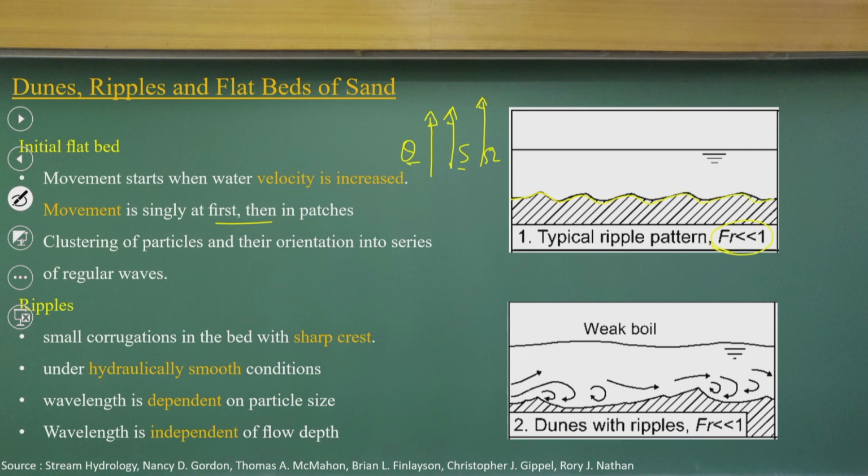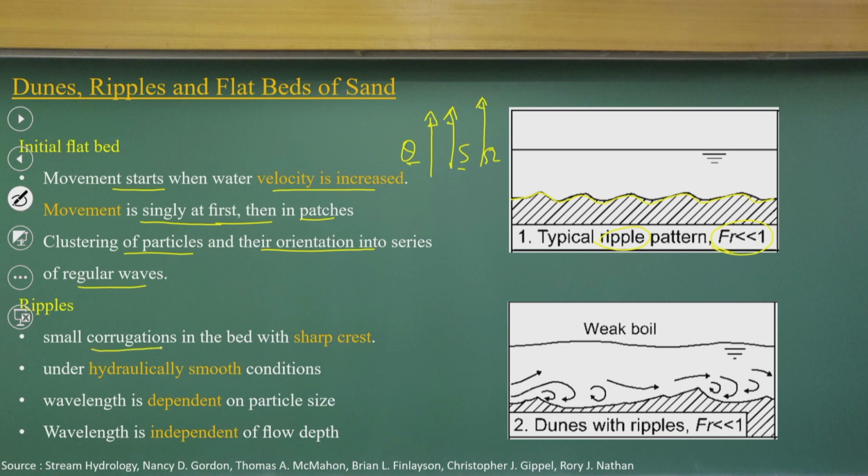The sand particles will make small ripples. Ripple patterns will form, and as the velocity increases, movement starts, forming patches, and clustering of particles oriented to make a series of ripple waves.